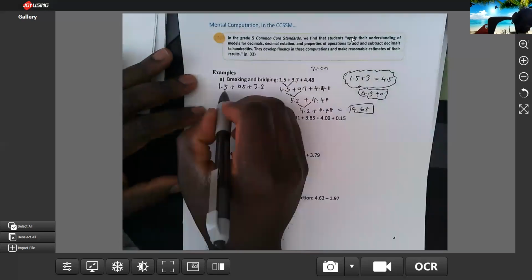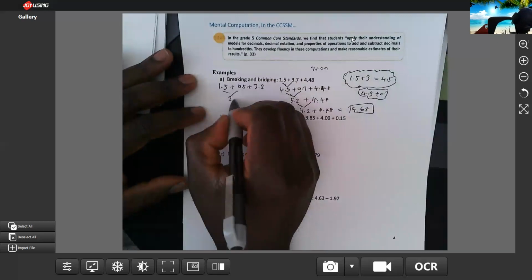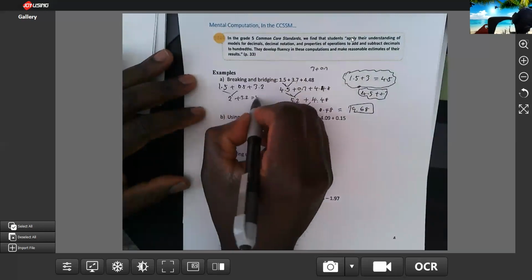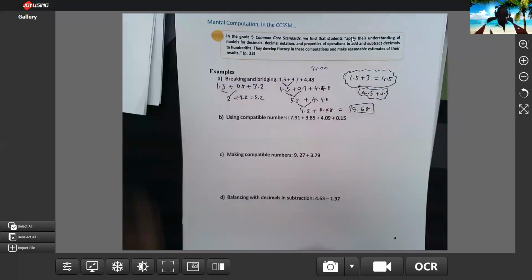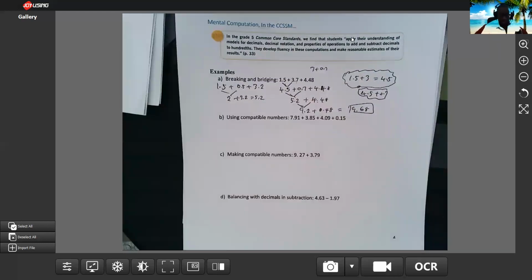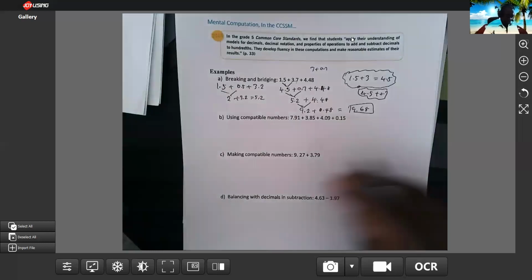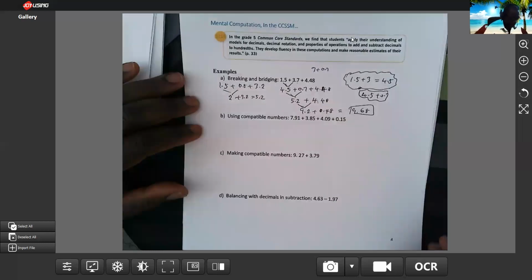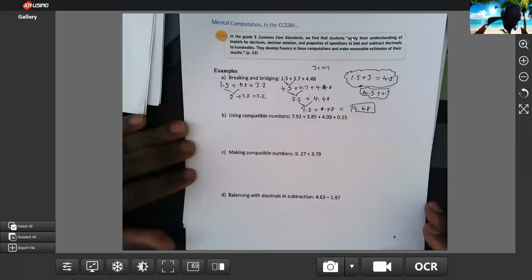Then I know that this will be 2 plus 3.2, and that gives me 5.2. So you can approach it in whichever way. Once you break up one of the addends, you should be able to do that. So that's one strategy, breaking and bridging, which we have talked about a while ago.